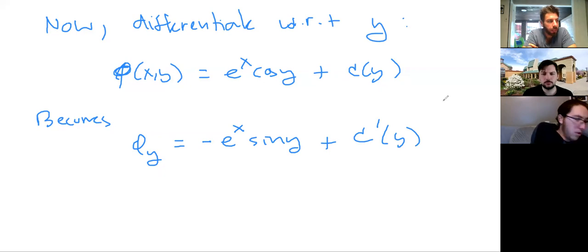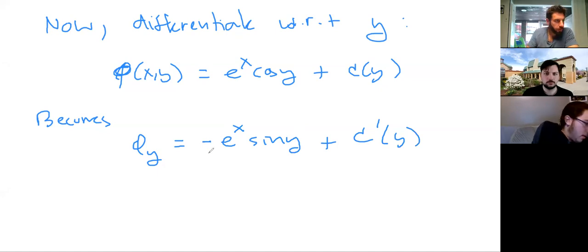Now, here's the interesting thing. We know what e to the x sine of y is. This is actually equal to, if you remember, g.